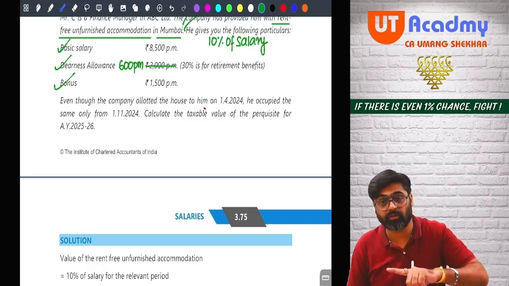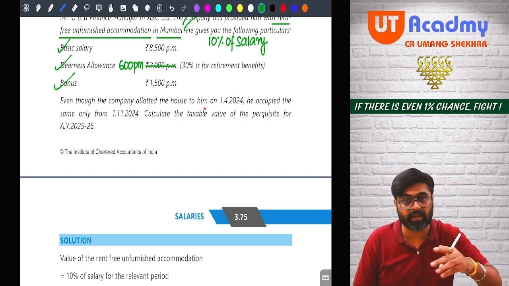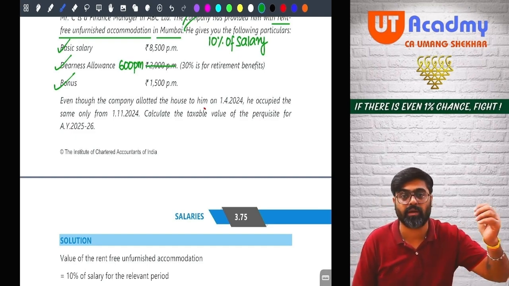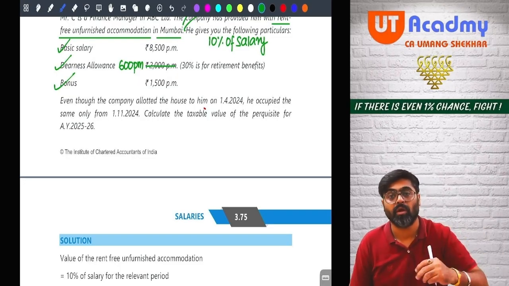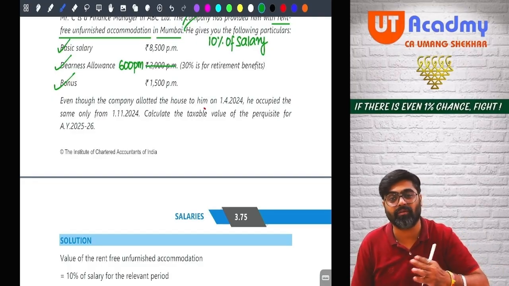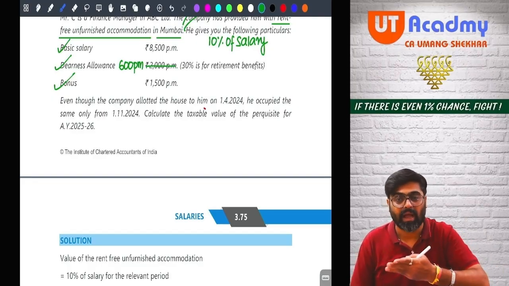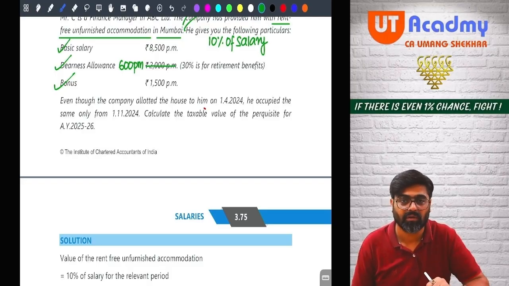That is for the period for which the accommodation was occupied. For those 5 months, I am getting how much basic? 8,500. For those 5 months, I am getting how much DA in terms? 600 per month. For those 5 months, I am getting how much bonus? 1,500 per month. So instead of doing everything into 5, I will take the total and I will do into 5 once only, no?